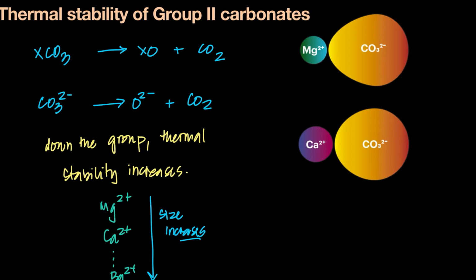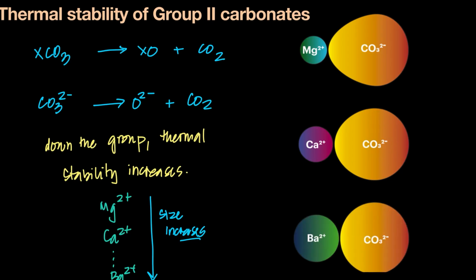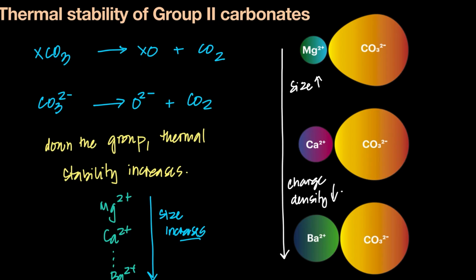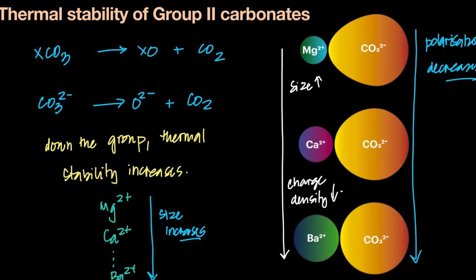When you go down the group, the cations are getting larger, so size is increasing but charge density is decreasing. That results in the ion becoming less polarized. So the polarization decreases.